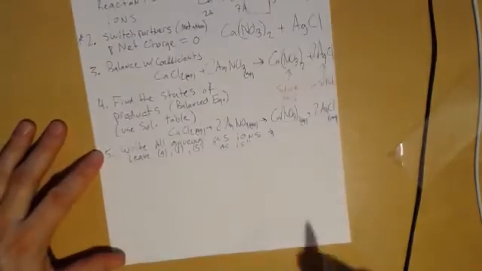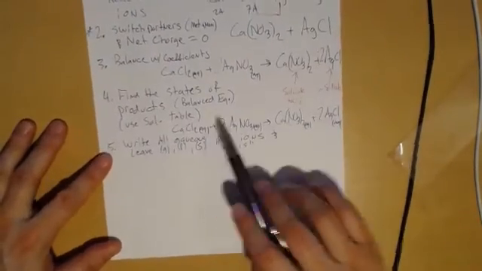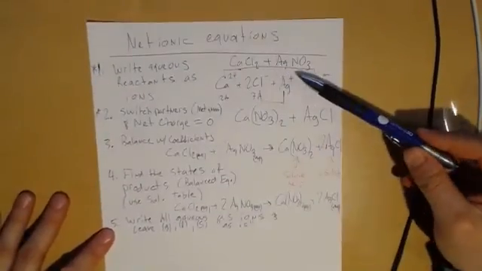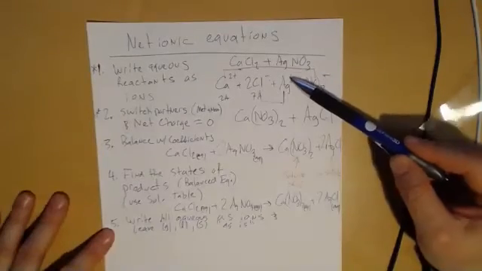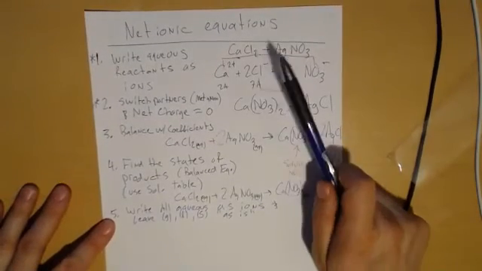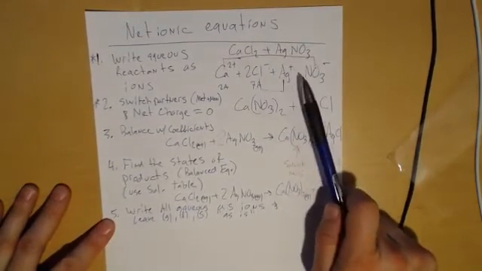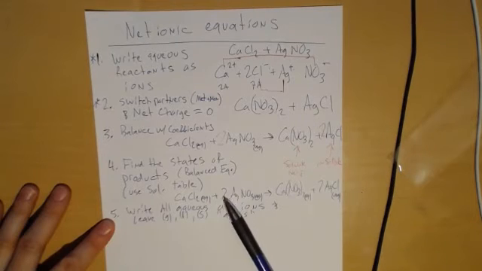Right, so in this case, this is kind of difficult like we did up here. We have to break them back into ions again. I've already done this one, and I've already done that one, except there's a 2 in front.